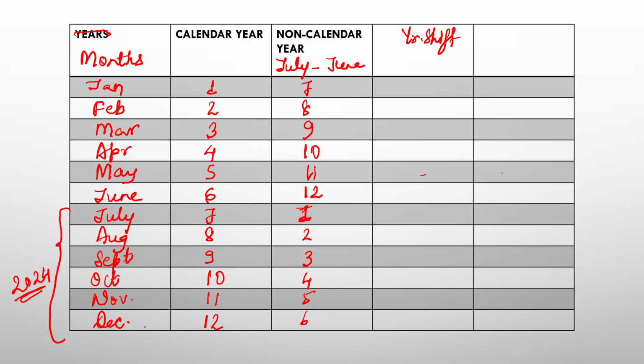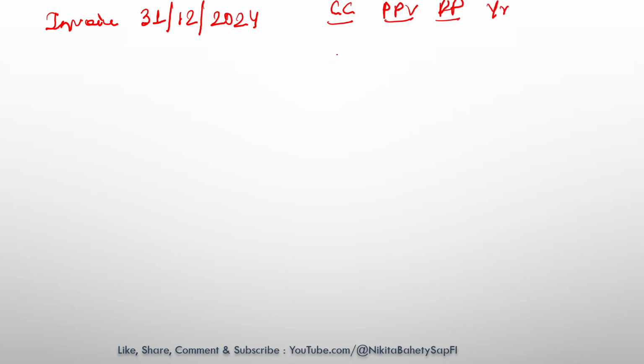So say there is an invoice dated 31st December 2024. We are in the 2024 to 25 financial year, correct? In this situation, what will be our posting period variant, from period year to period year?